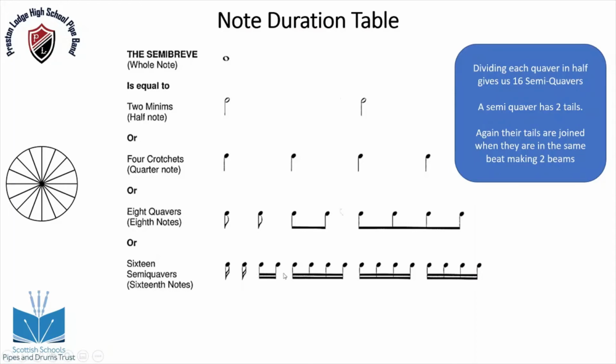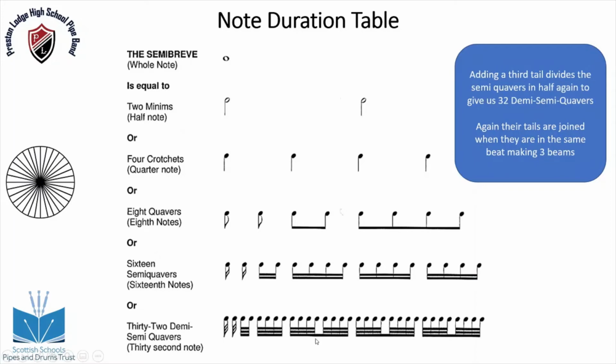So these notes have got 2 lines, so they're all semi-quavers, every single one of them. And when you see notes that have got 3 lines, they're demi-semi-quavers. So all these notes here, they've got 3 lines under them. They're demi-semi-quavers. Again, not very often you would see a pizza cut into 32 bits, but that's what it looks like there.